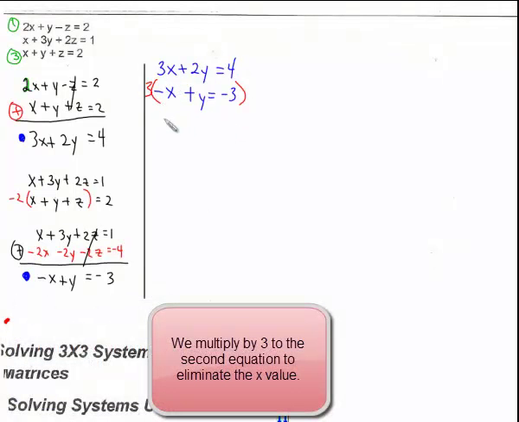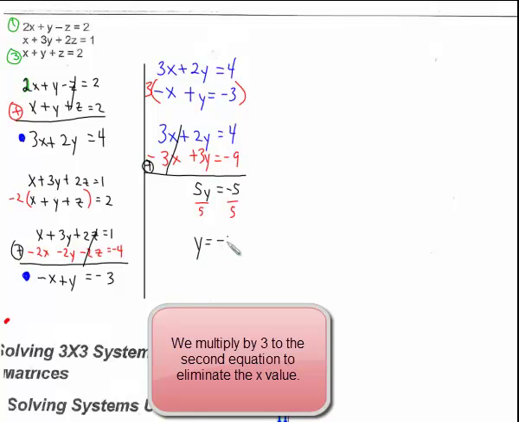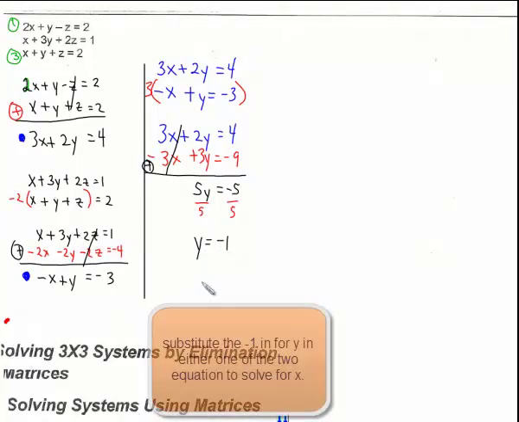At this point, it's just like the previous lesson. So rewrite the first equation, rewrite the new equation, draw our line, and combine these two equations together. 5y is equal to negative 5, and dividing by 5, y is equal to negative 1. Now I know one of the variables. I need to find the other two.